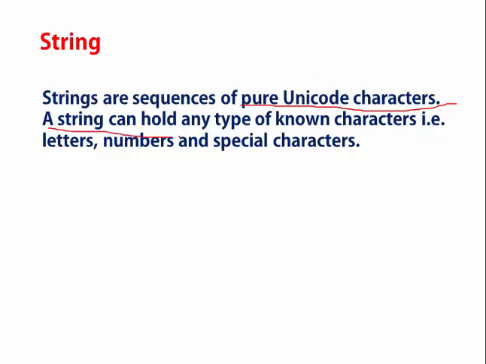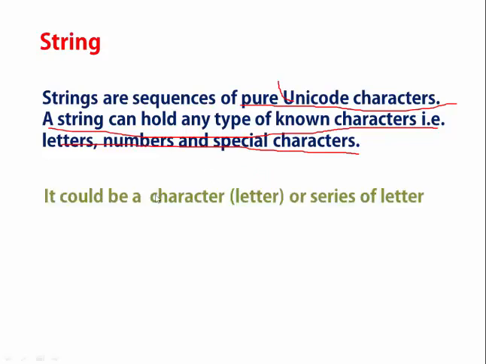A string can hold any type of characters, i.e. letters, numbers, and special characters. Whatever we press with the help of these keys, these symbols, special characters, letters or numbers are represented by Unicode characters.